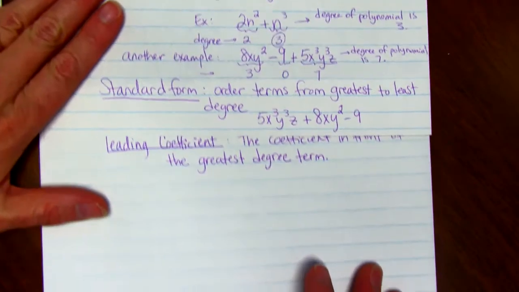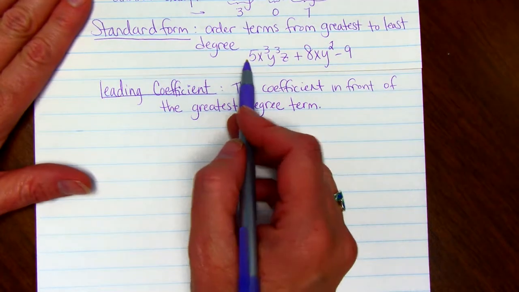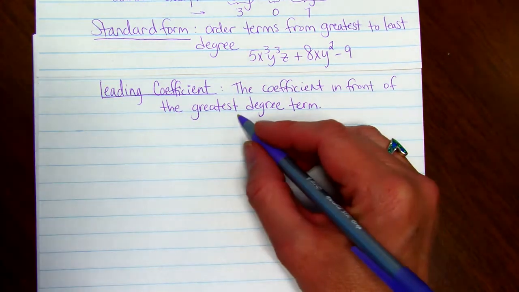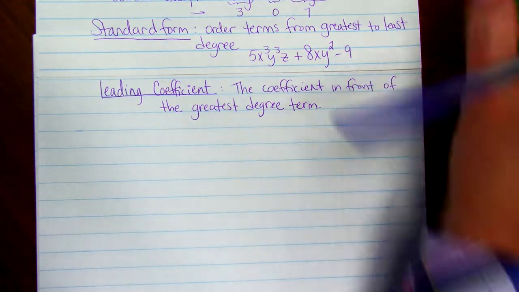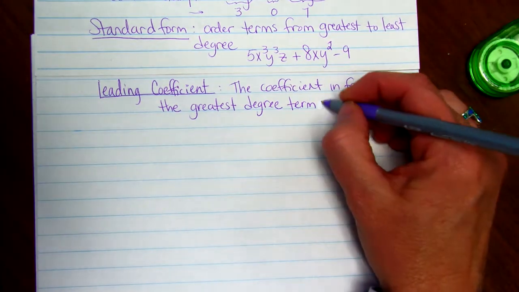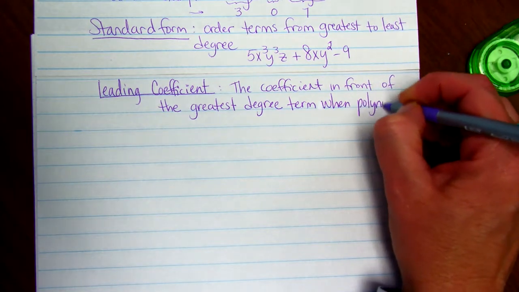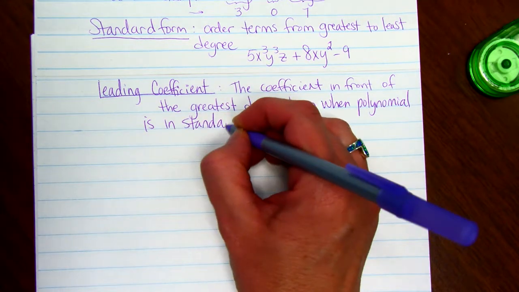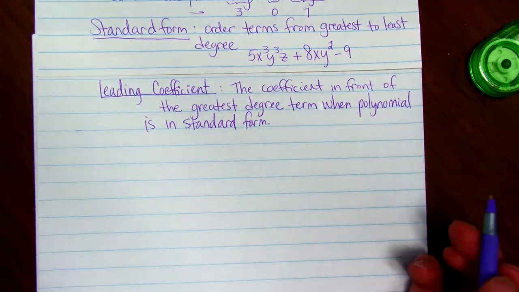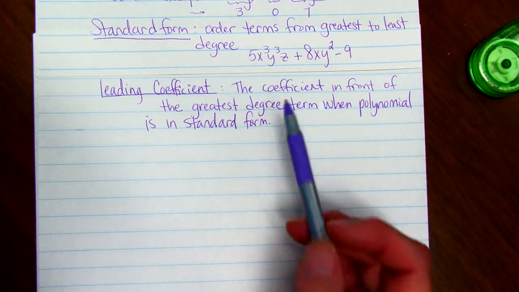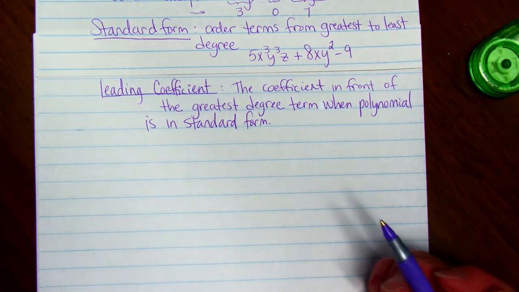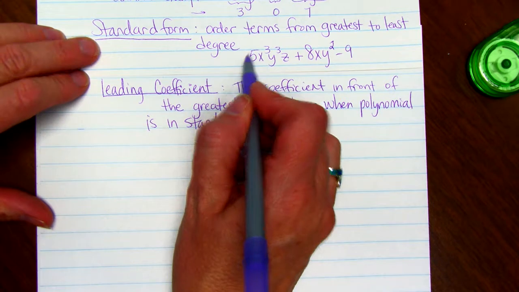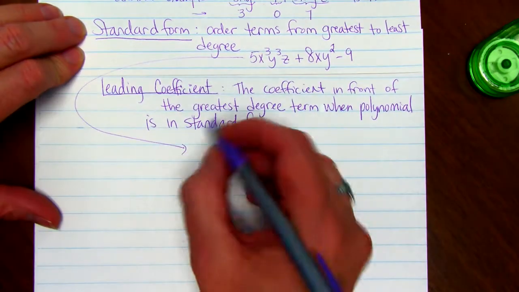If we look at our example above in standard form, you usually want to put it in standard form, but actually, it doesn't have to be, because if you find the greatest degree term, you can find its coefficient. In standard form, it's just the very first constant. So in this case, the leading coefficient is 5.